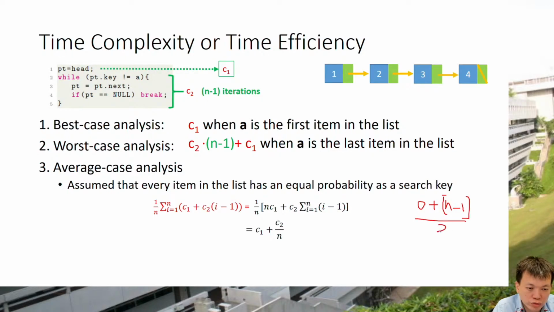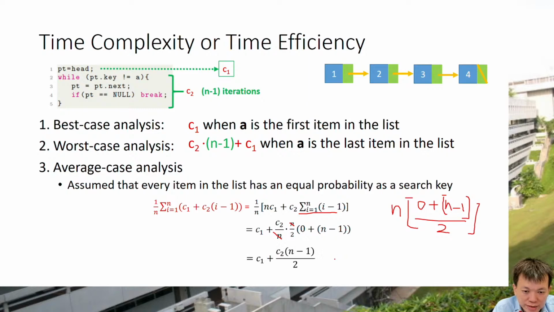Divide by 2. Then how many terms are there? n terms. So n over 2, 0 plus n minus 1. That is the summation of this arithmetic series. Then just simplify this, then you get this.